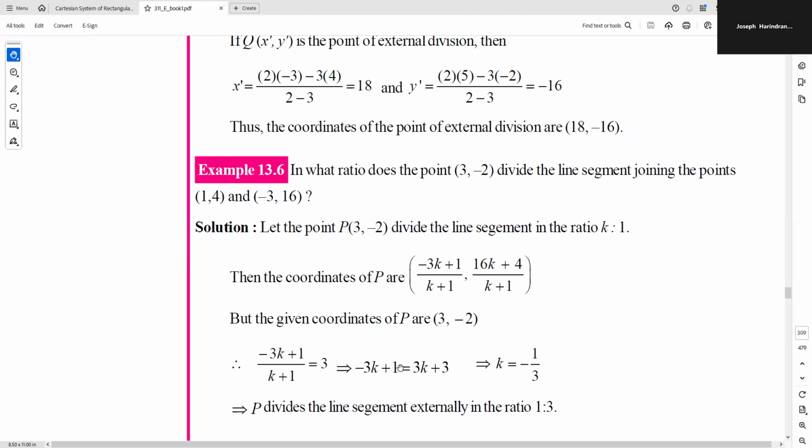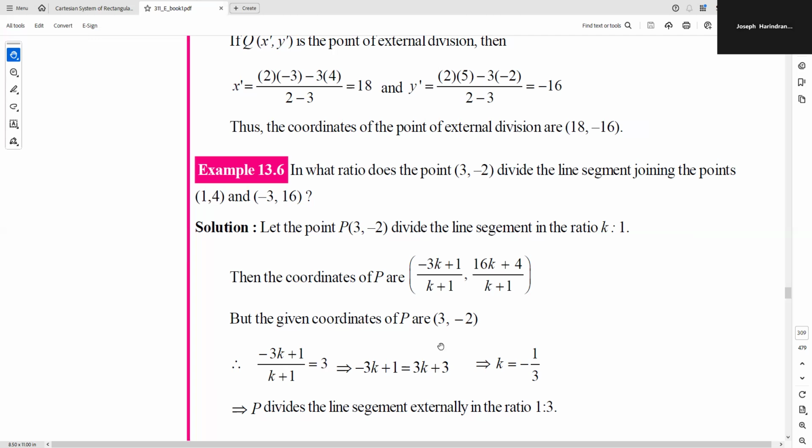Now what we do is we assume that the ratio is k:1. That is the thing we have to assume, k:1. Now, let us take the coordinates of the point P like this. It is the same formula only.